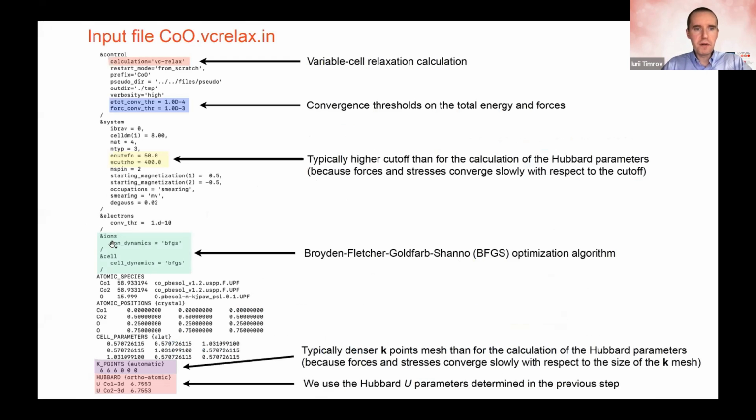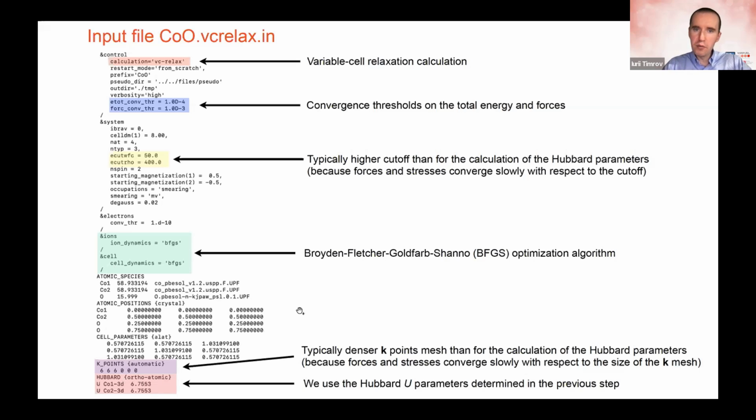Then we need to specify the ions and cell namelists. Here we use the BFGS algorithm for the structural optimization that moves ions and computes forces and stresses. And then at the end, we specify the Hubbard card with the value of the Hubbard U that we computed in the previous step, which is 6.7553.